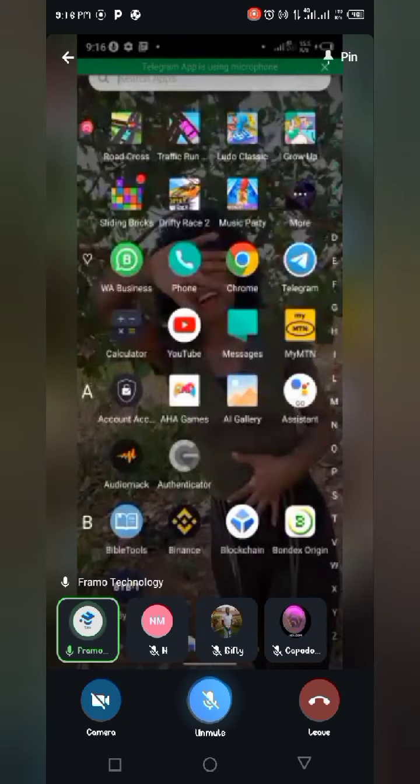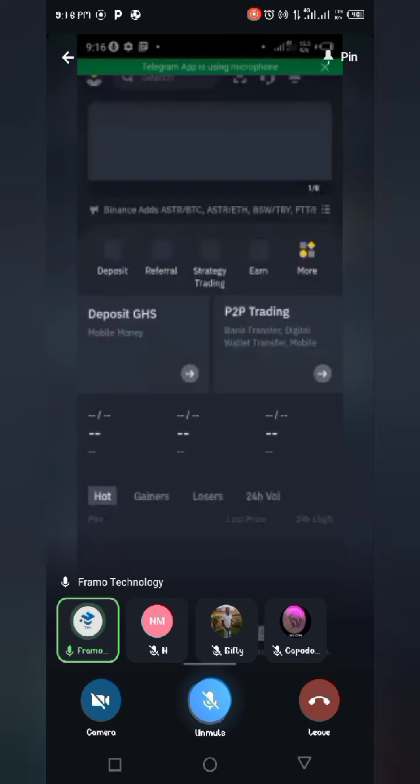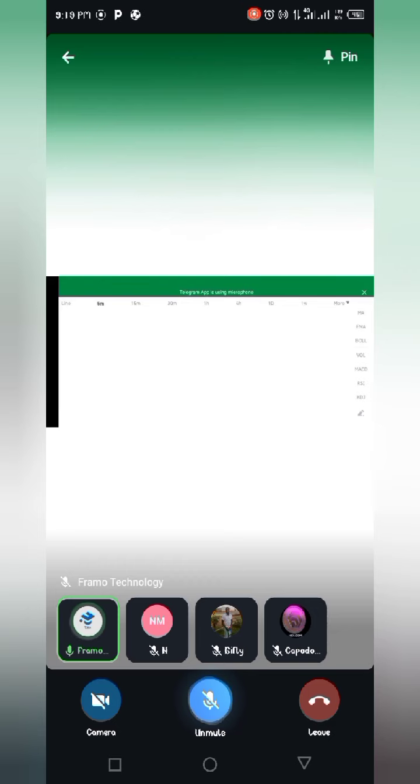Now let's go to Binance. Look at the trend of Bitcoin in general.